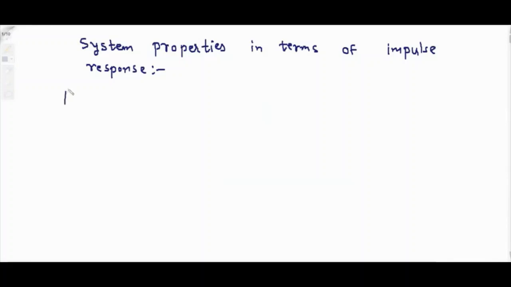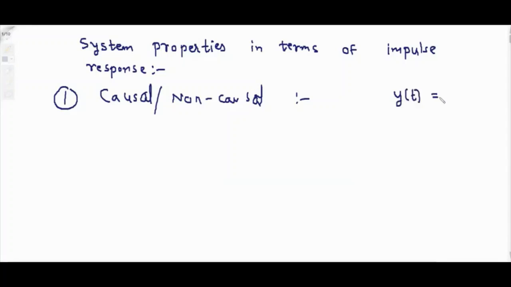So in unit 1, to identify whether a system is causal or non-causal, you have an input-output relationship. That means in unit 1, you have one y of t, which is some function of x of t.